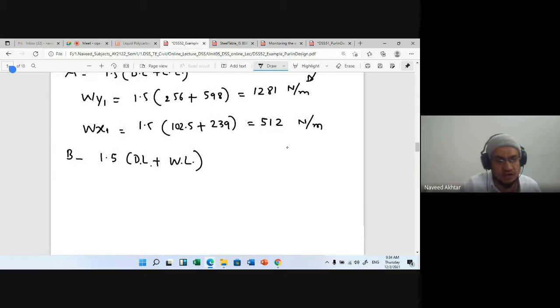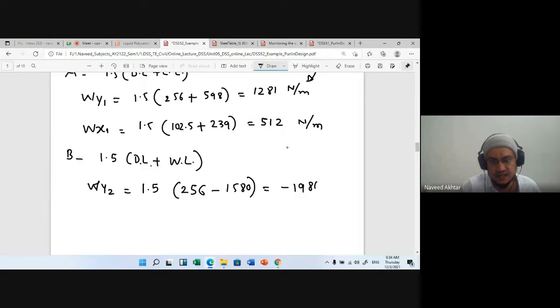So if I write WY2 is the vertical component of this combination. So 1.5 into dead load is 256 in y direction and wind load is minus 1580. So it will become minus 1986 Newton per meter.